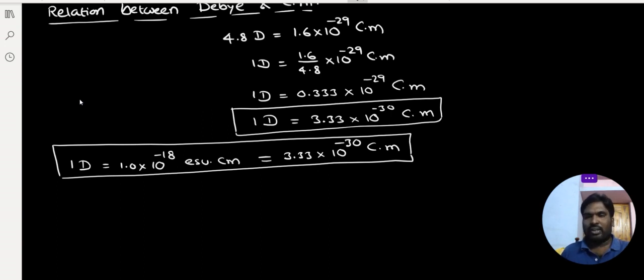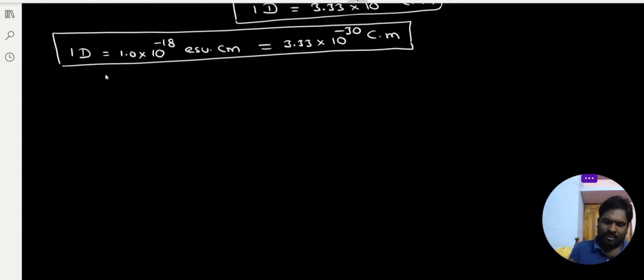Now, percentage ionic character, how can we calculate it? Important formula.